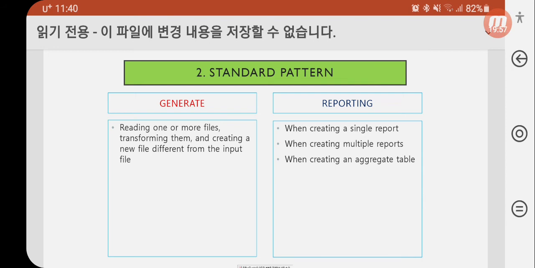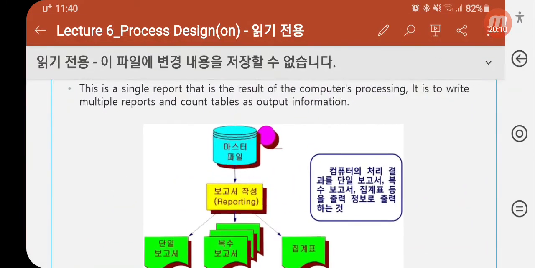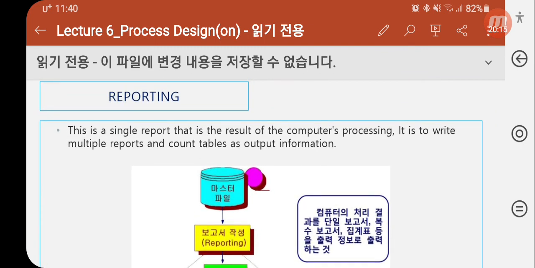Reporting. When creating a single report, when creating multiple reports, when creating aggregate tables. This is a single report that is the result of the computer's processing.